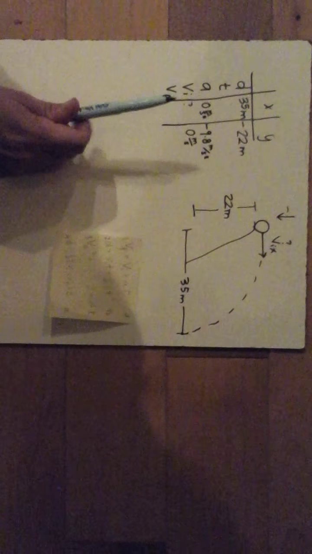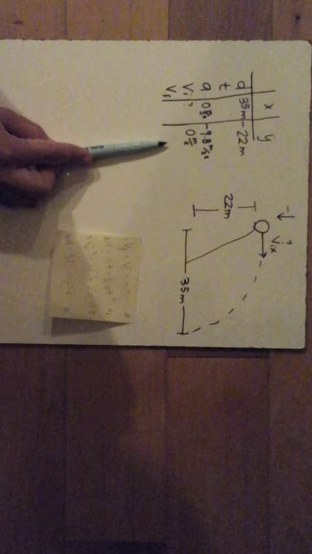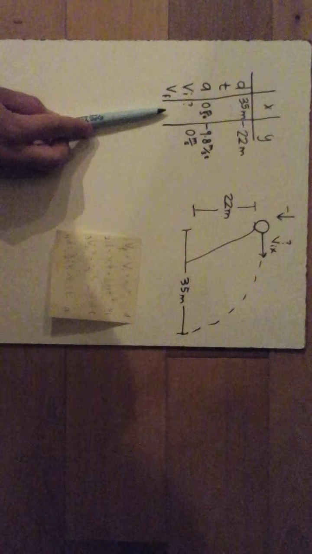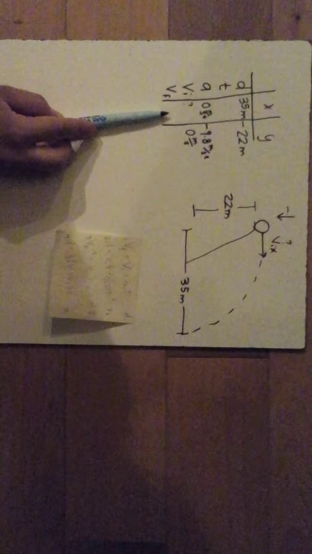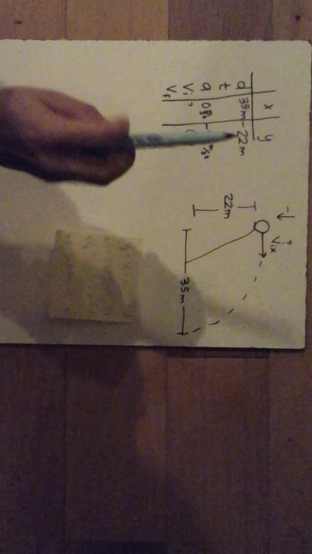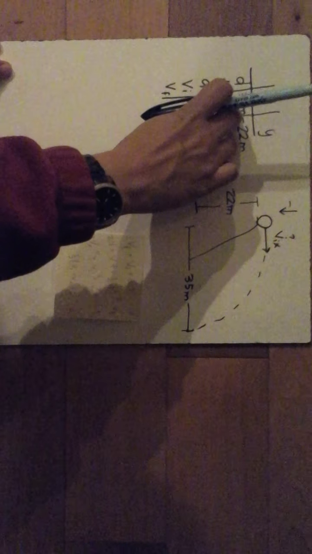The only possible things that I could find on the y side are time and final velocity. Final velocity isn't going to help me a whole lot. It's not going to give us any information that we can use for x, but time will. The important thing to remember about time is that it is the same for both x and y. We can really consider time to be one number.